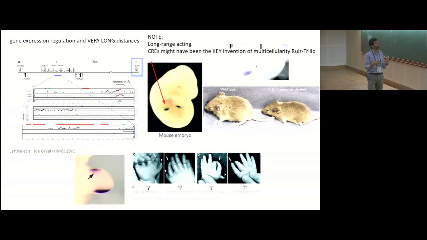But going back to this morning's talk, where we were discussing multicellularity, the group of Ignacio Ruiz-Trillo in Barcelona has been studying Capsaspora, right? One of these semi-multicellular organisms that were described this morning.